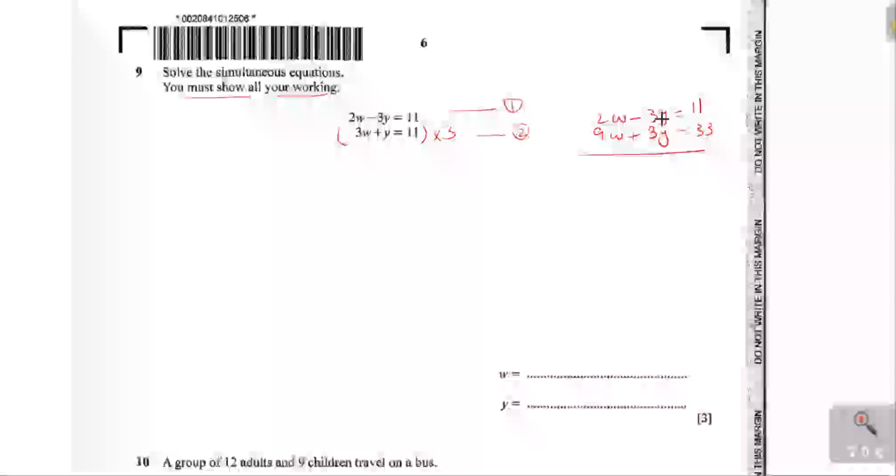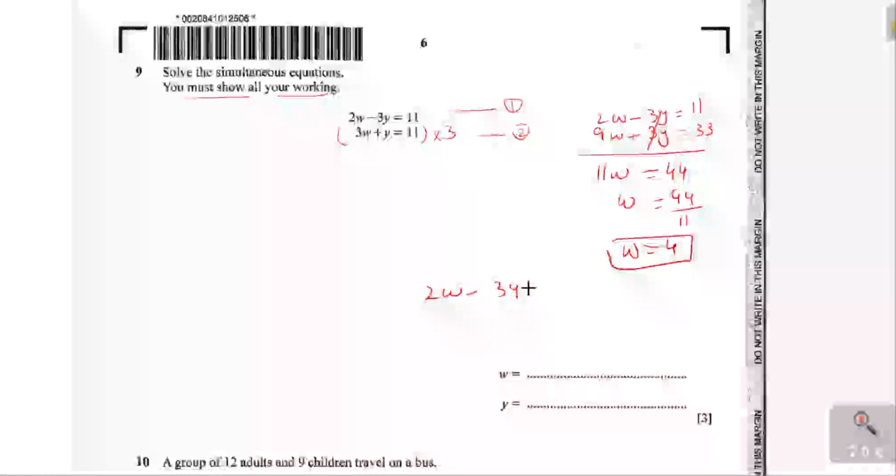We will add these two equations. The y will be cancelled, and we get 9 plus 2, 11w equal to 44, so w will be equal to 44 over 11, which is 4. And we will substitute the value in equation 1 to get the value of y.